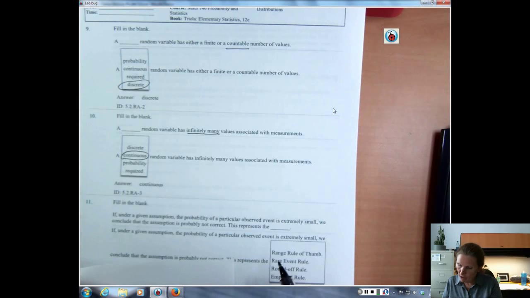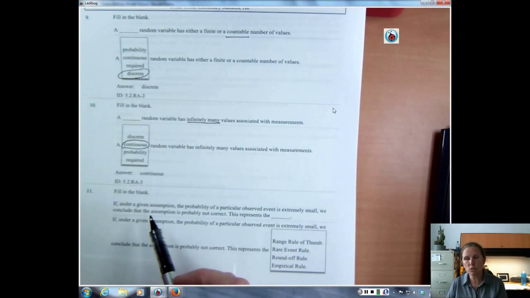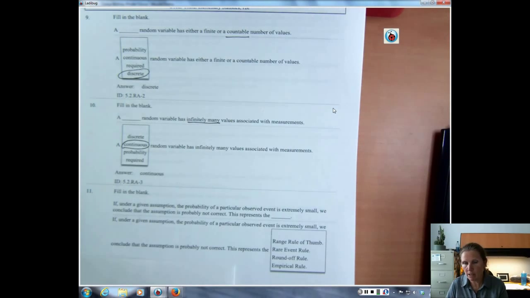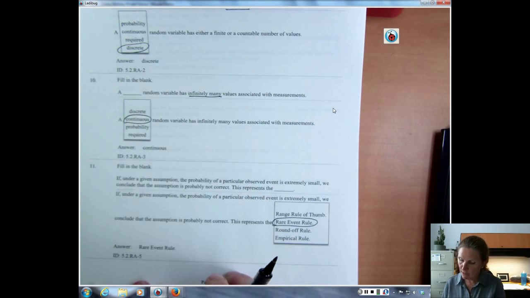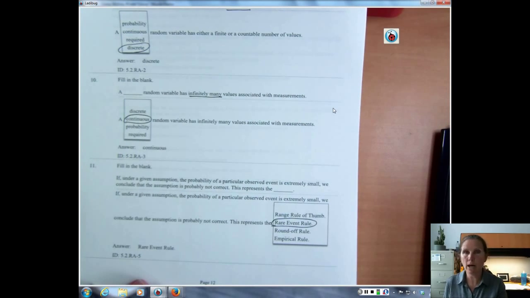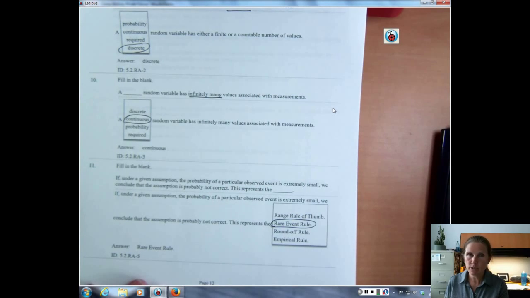And if, under a given assumption, the probability of a particular observed event is extremely small, we conclude that the assumption is probably not correct. This represents the rare event rule. An example of that is, I make the assumption that I'm going to go out golfing and get a hole-in-one. Now I go out and see what the actual probability of that happening is, which is 0% in my life, never had one.